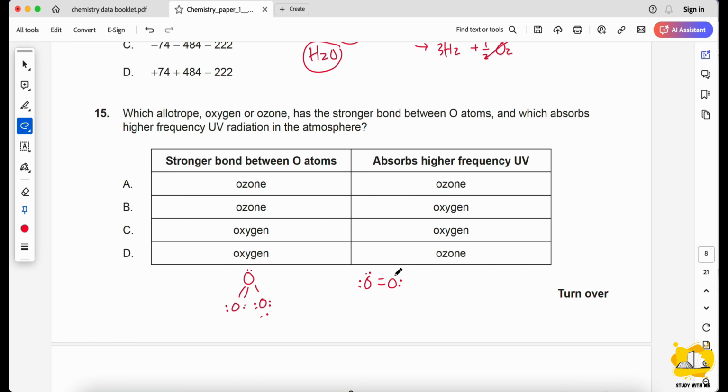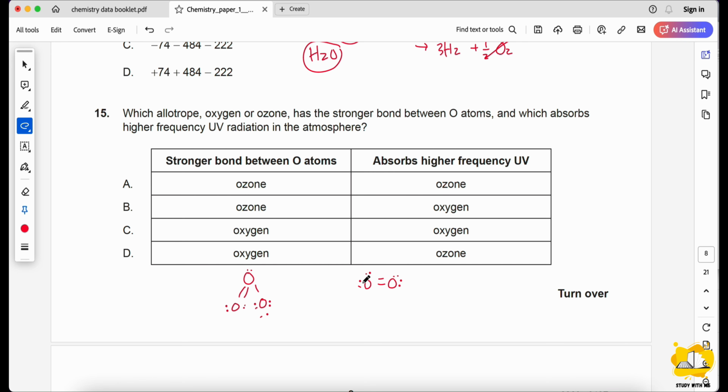Okay, so ozone experiences a delocalized structure, therefore it is not very stable, so the energy will be low and the frequency also will be low. Not the same as oxygen, because oxygen here has only a double bond, so it has high energy and high frequency, because energy is directly proportional to frequency.